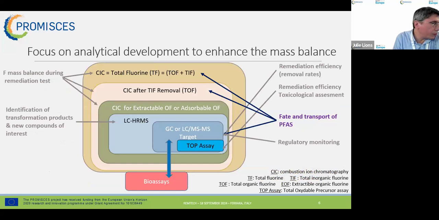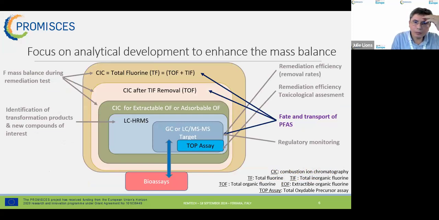First of all, we need to be able to quantify the total fluoride, integrating organic fluoride and inorganic fluoride. This is conducted using the combustion ion chromatography, and this is very useful to establish the mass balance, for example, during the remediation tests.